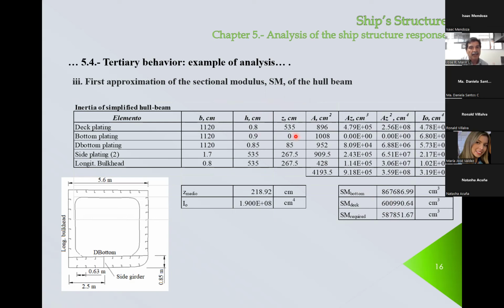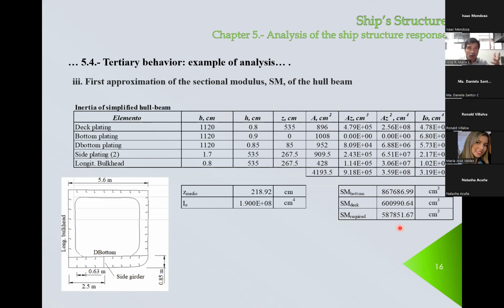I did this since I have this in an Excel table. I changed this thickness. Instead of 0.8 millimeters in the deck, I put 7.5. And that prevents this from being above this value. So we're just increasing until finally we satisfy this requirement.